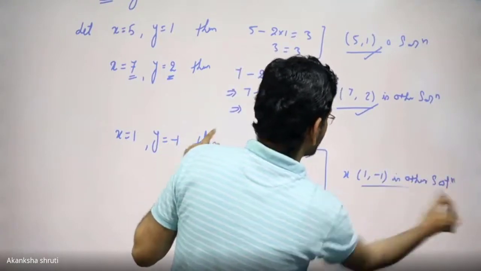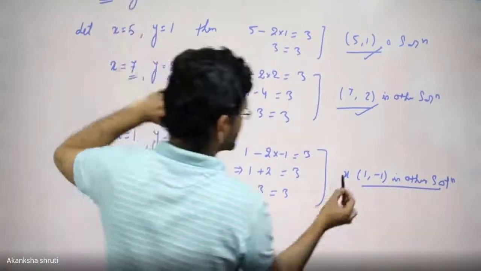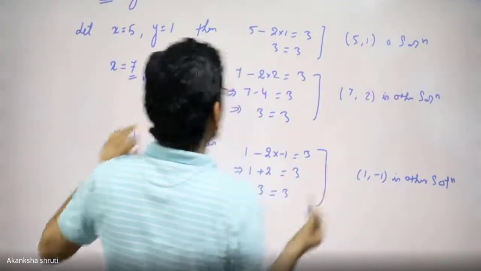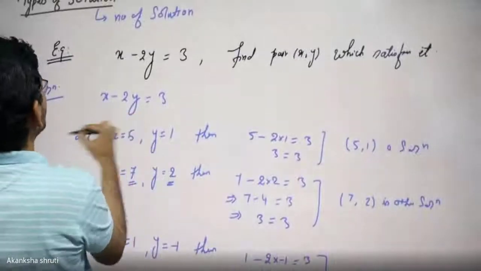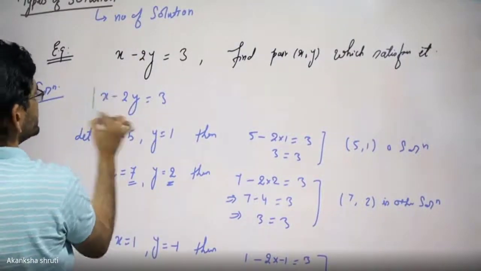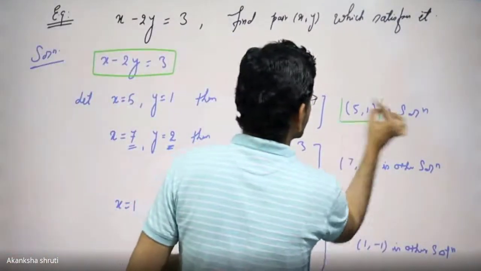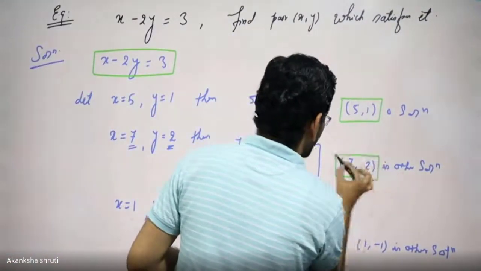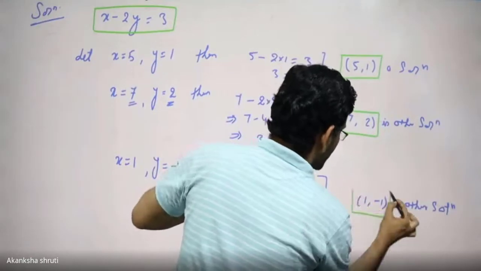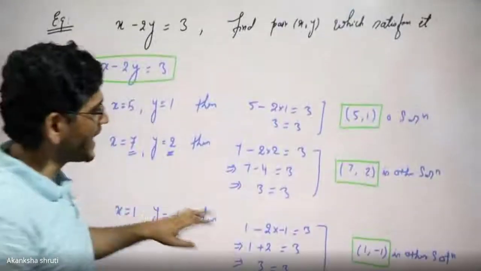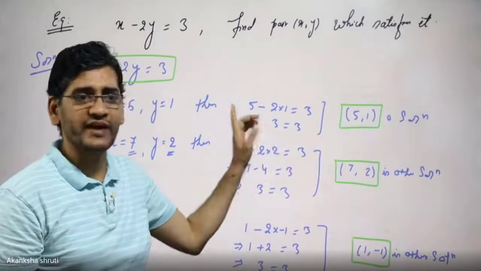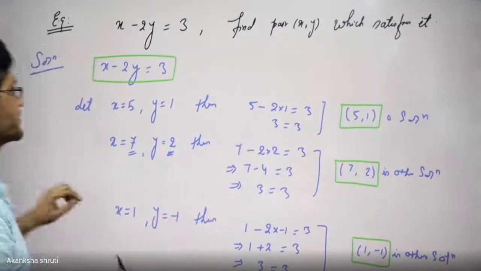What we are getting from here is that for the same equation, we have only one equation, but it has this solution, this pair, this pair, this pair. It can have more than one pair of x and y which satisfies this.